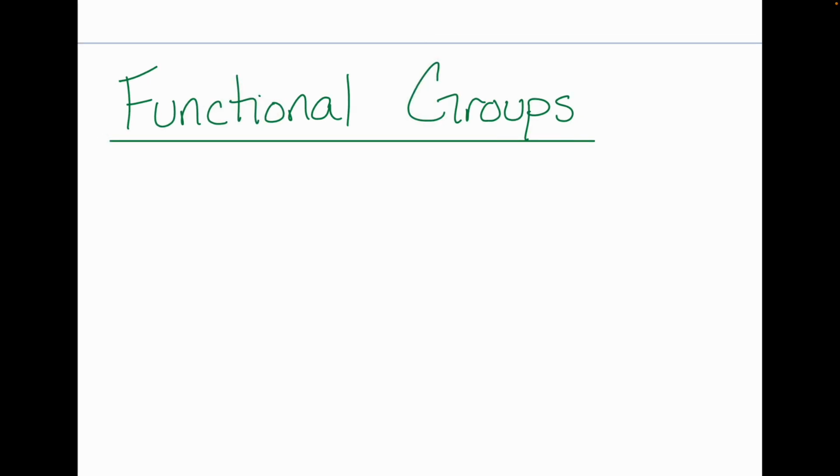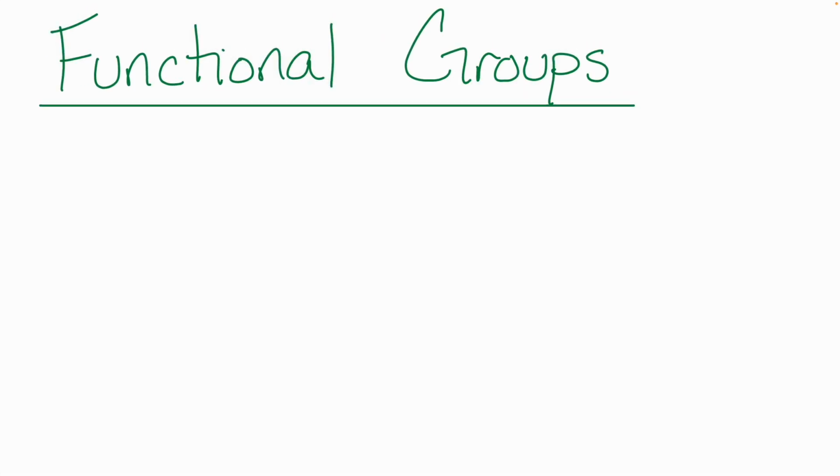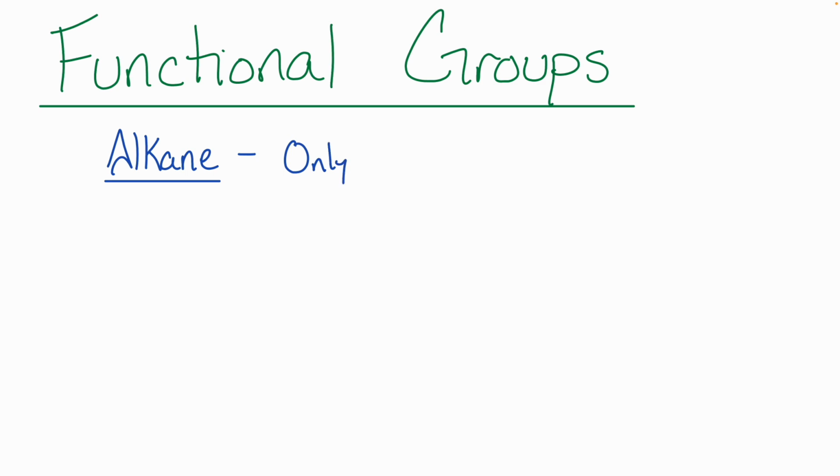All right, and so our first step is the easiest of the organic molecules, what are called alkanes. An alkane consists only of carbons and hydrogens and has all single bonds.